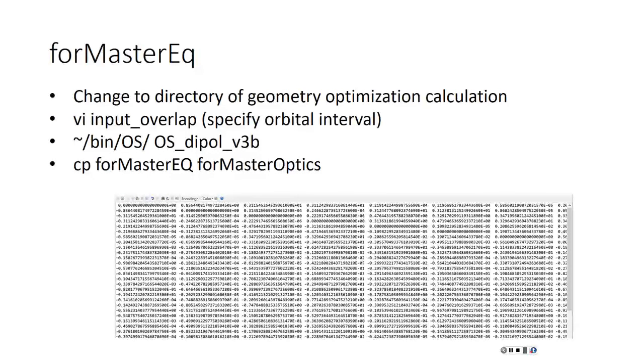We can use that one for photoluminescence calculation. Yes. So oscillator strengths and this Formaster equation contain the same information, but it is stored in different formats.